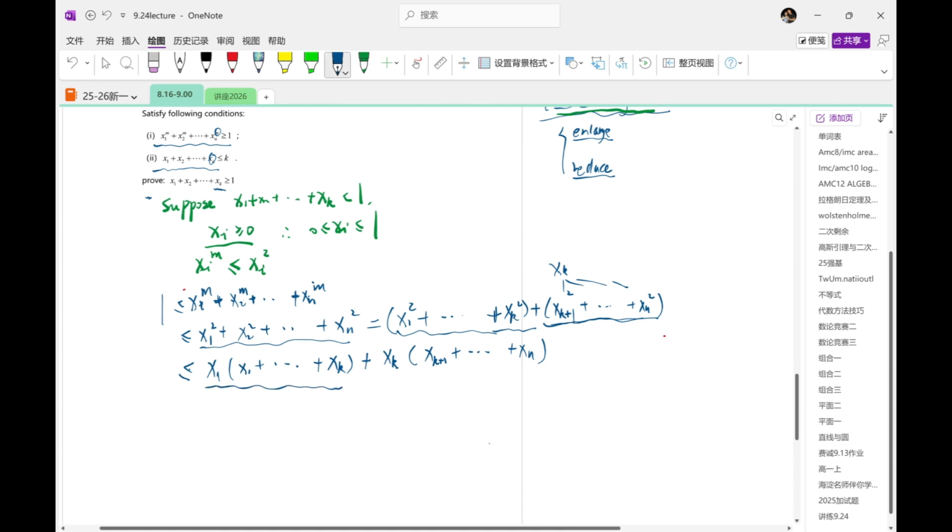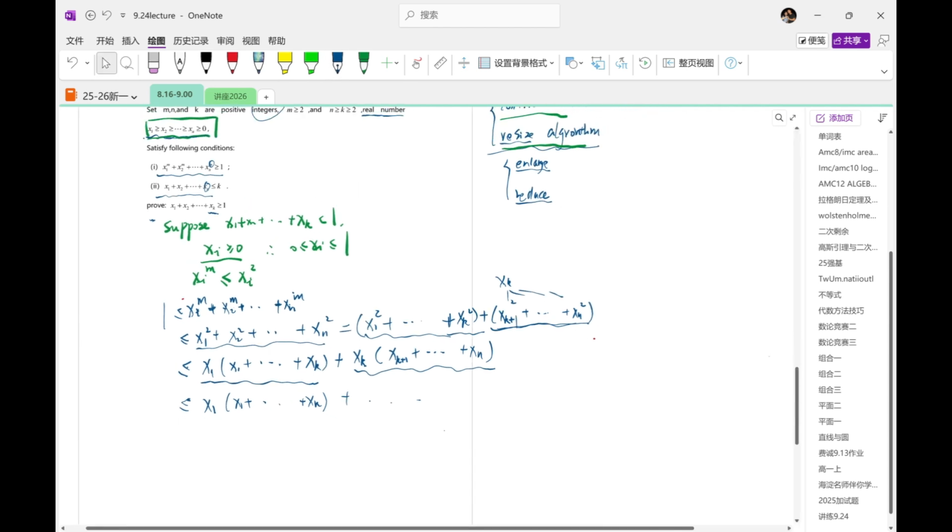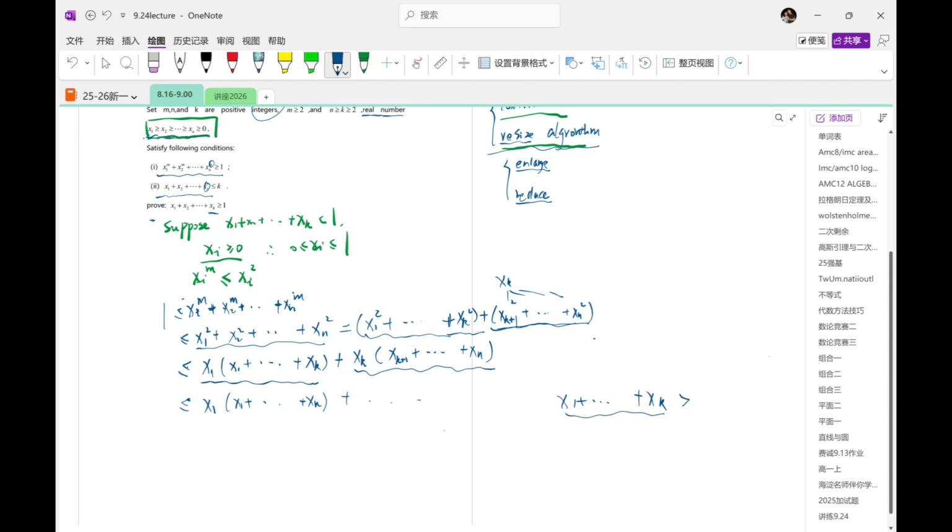We reserve this form. What I want to do, the final goal, is to find the contradiction. That means I should get the conclusion that x_1 plus ... plus x_k is greater than 1.